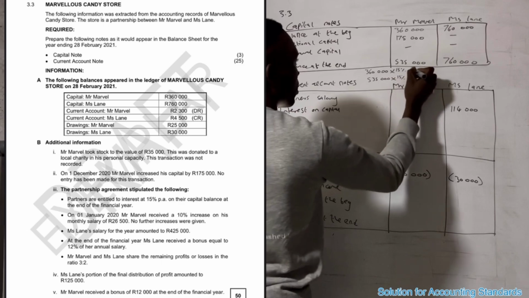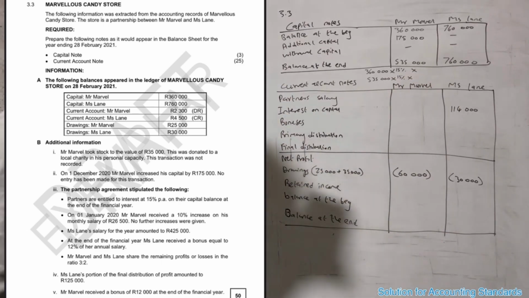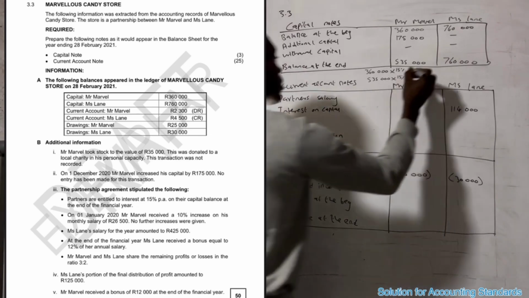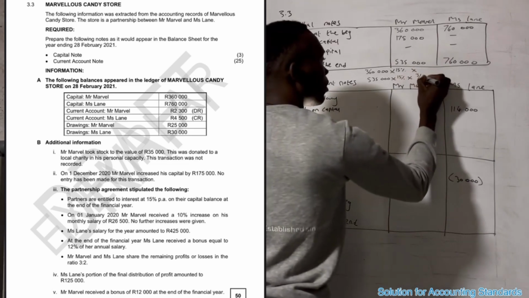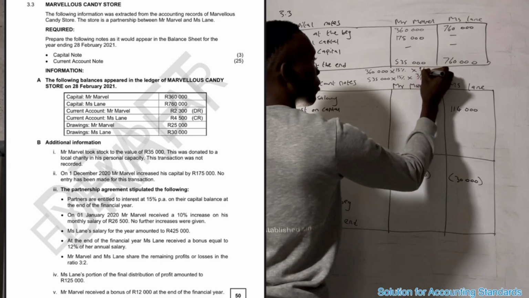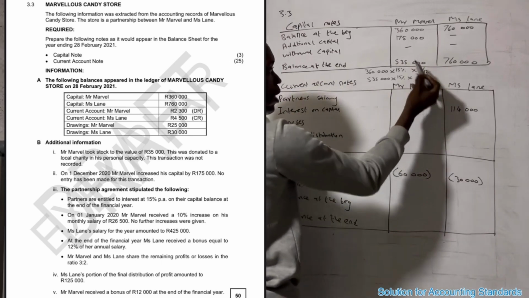We need to count 2 months now. After, it was from 1 December to 28 February 2021. It was 3 months. 3 over 12, which means that before is going to be 9. How did I get 9? 12 minus 3 is going to give you 9.